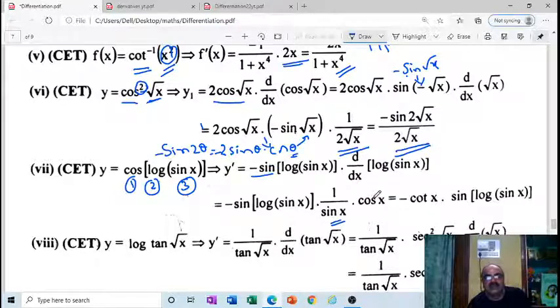And third one, sin x differentiation is cos x. So cos x by sin x is cot x, into minus sine of log of sin x.